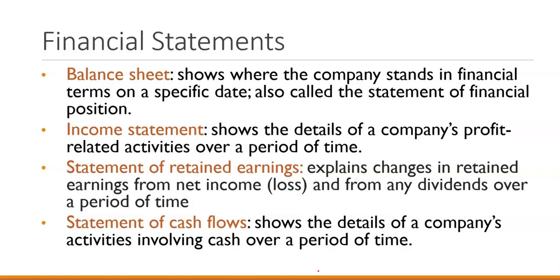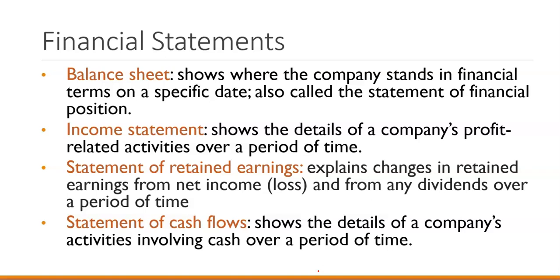The income statement is our revenue and expenses during a period of time, so either a month or a quarter or a year, but it's revenue minus expenses equals income. The statement of retained earnings explains any changes in our retained earnings over time.